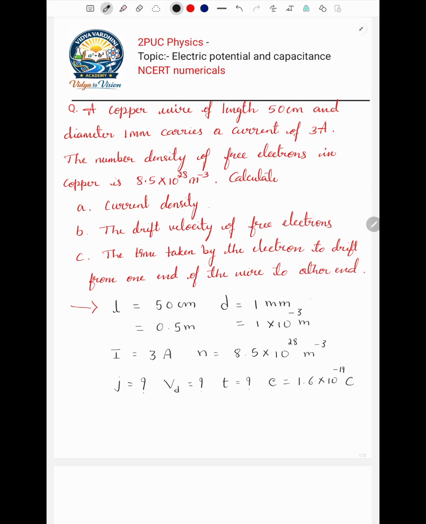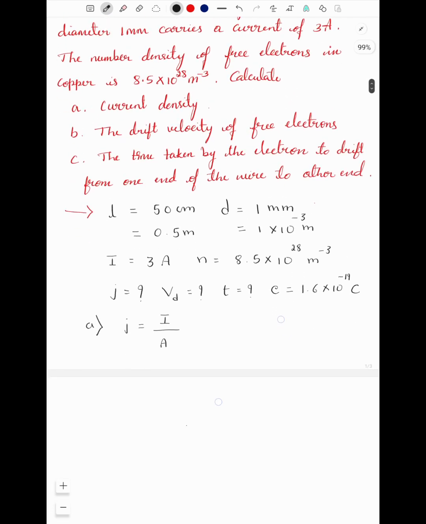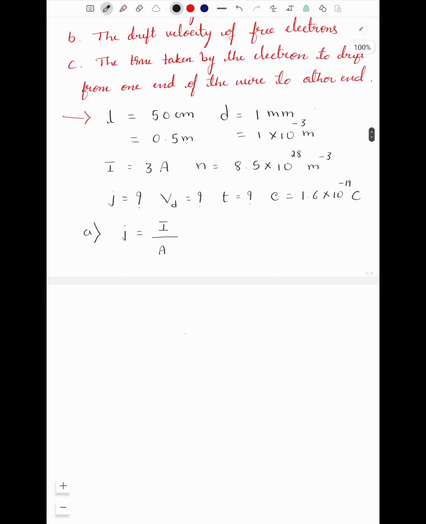So first, what we have to find out? First we have to find out the current density. We know that current density J is equal to the current passing through the cross-sectional area, I divided by A. But we don't know the area of cross section of that conductor. Therefore we have to find out A. The area of cross section of the conductor is A equal to pi d square divided by 4.